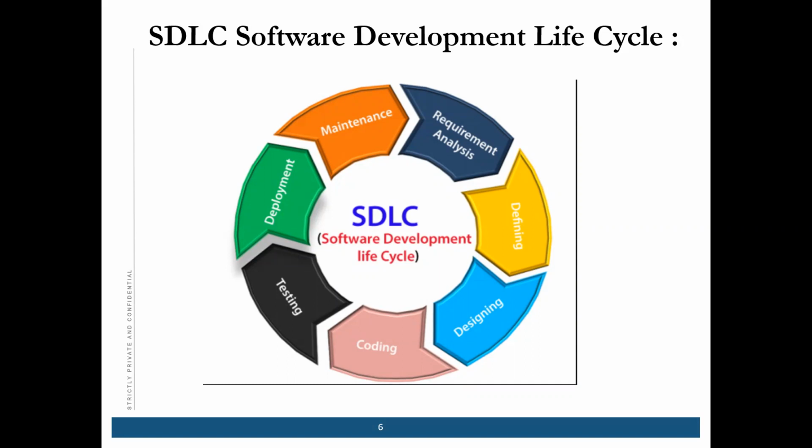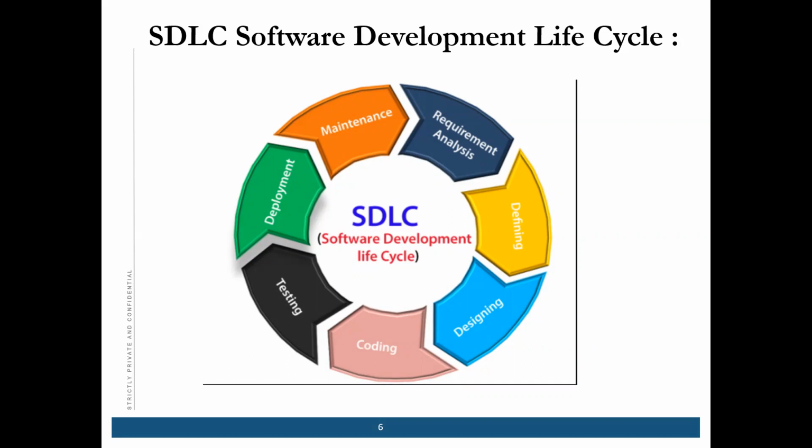So that designing is input for the next phase, which is called coding, correct? So you're ready with the design document. Now we start the coding. Coding is done by, as I told you, everyone, like a developer, junior, senior, fresher, all are involved in this phase.